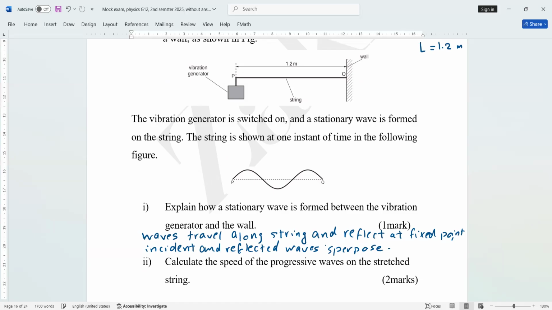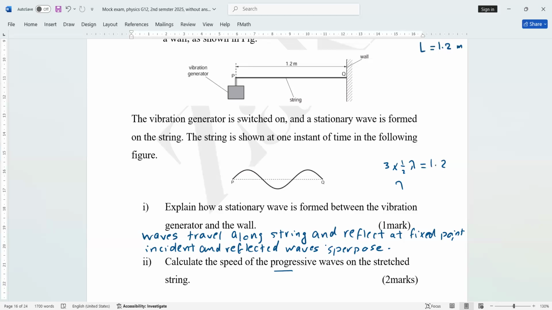Now, calculate the speed of progressive waves on the string. How many loops here? You can see here 3. Then, for lambda, we can say 3 times half lambda equals 1.2.